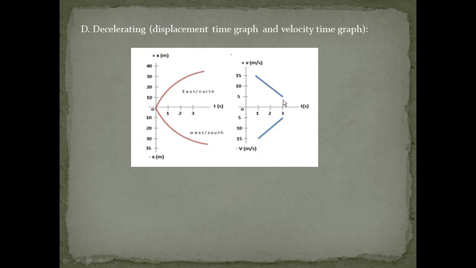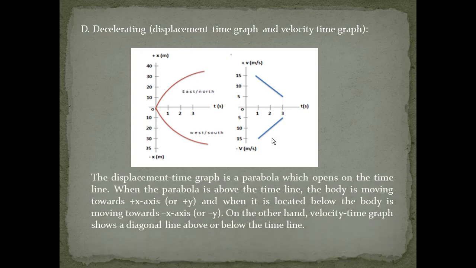Now, for negative acceleration, if the object is moving towards the right direction but is slowing down, the corresponding interpretation is a graph sloping downward. And if it is moving towards the left but is decelerating, the object will have this corresponding form of the graph for the velocity versus time graph.